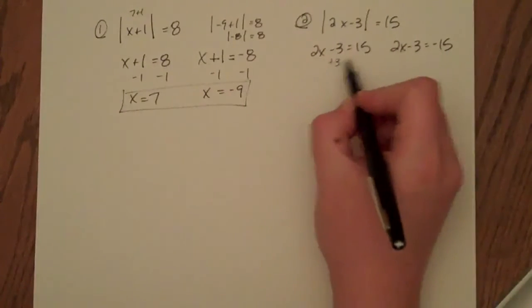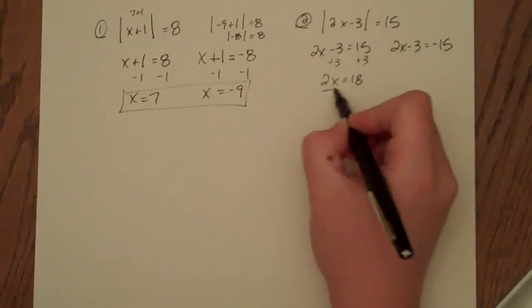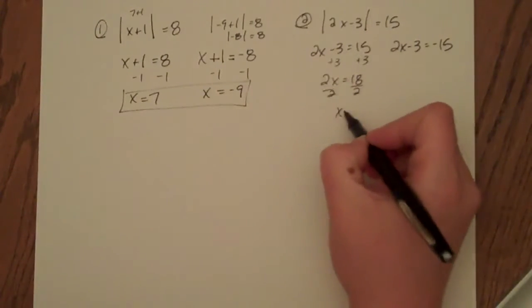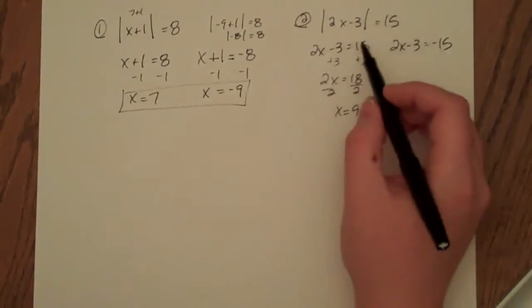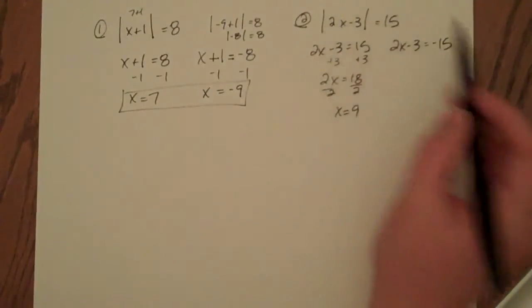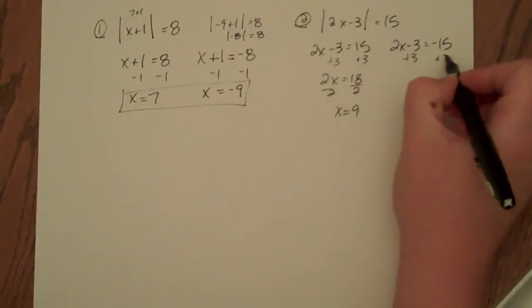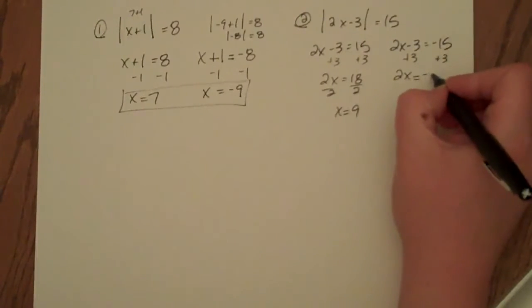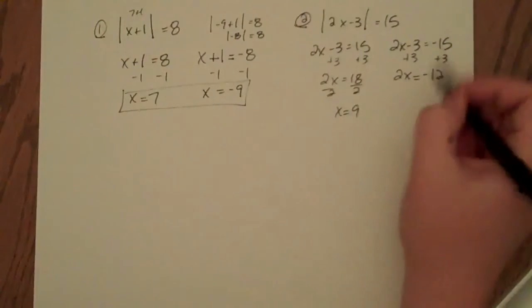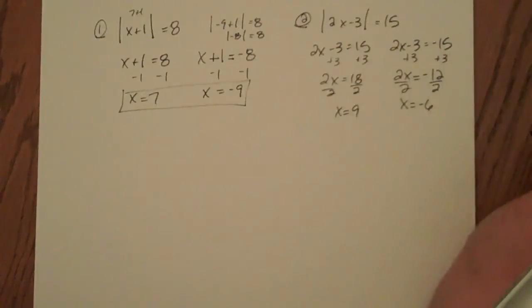So we're going to add 3 here to get 2x equals 18, divide by 2, so x can equal 9. 2 times 9 is 18, minus 3 is 15, absolute value of 15 is 15. Here we can add 3, and we get 2x equals negative 12. We divide by 2, and we get x equals negative 6.